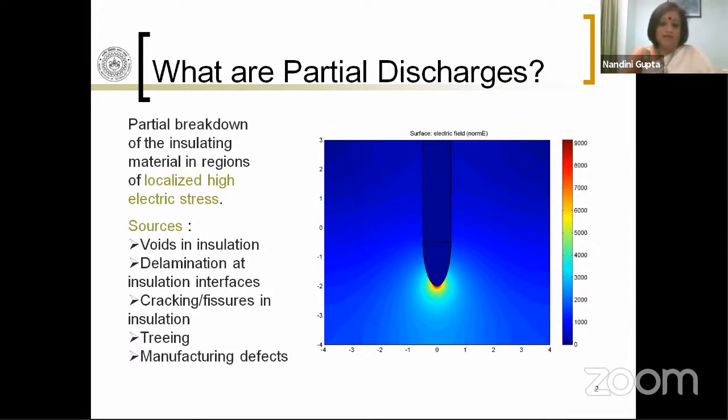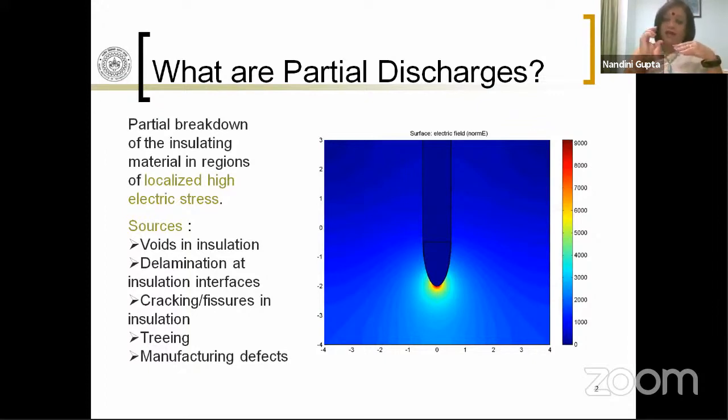When you have two conducting electrodes and a dielectric in between, for example in a capacitor, and you exceed a particular electric field, please be careful, this is not a voltage that we are talking about, but electric field, which is the rate of change of voltage with space. It is not voltage, but space.